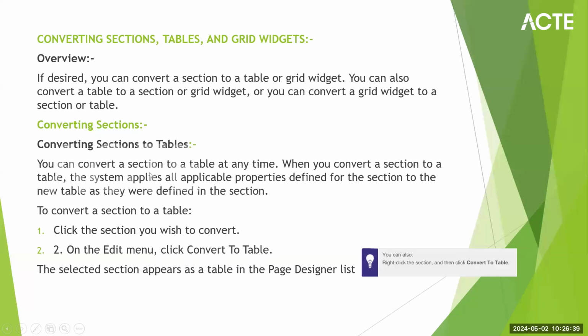When you click that, the section will be converted to a table, and on the UI as well, you can display the values and fields in a tabular format. The selected section appears as a table in the page designer list. Page designer list means where you create a page and decide how you want to display it on the UI.